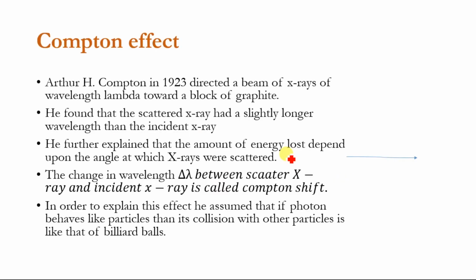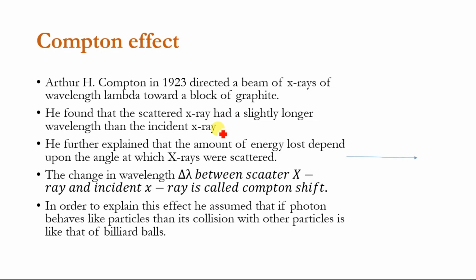Compton effect. Arthur H. Compton in 1923 directed a beam of X-rays of wavelength lambda toward a block of graphite. He found that the scattered X-ray had a slightly longer wavelength than the incident ray, which means that the scattered X-ray lost some of its energy during this scattering process.